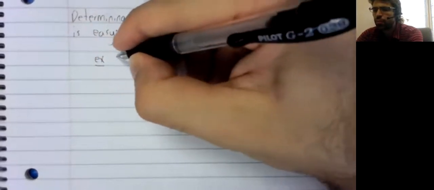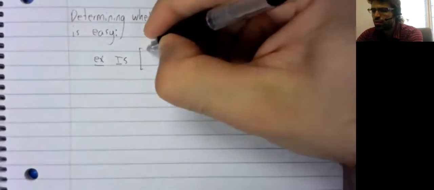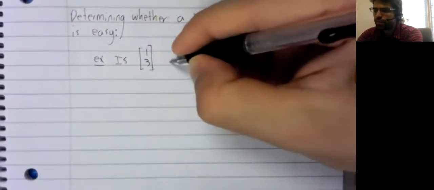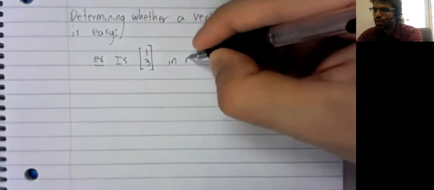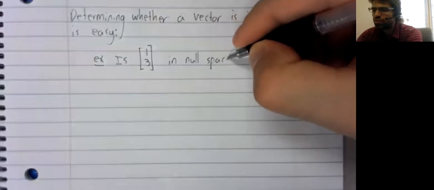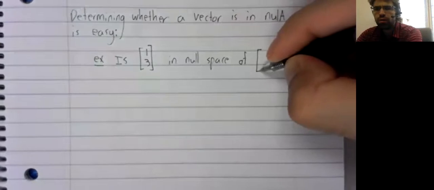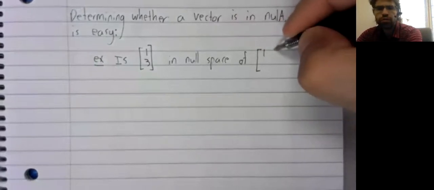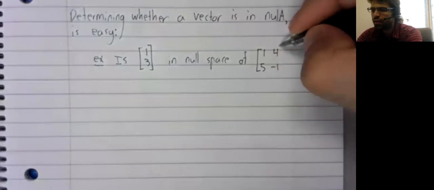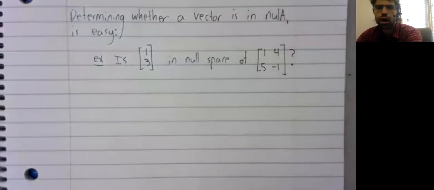For example, is (1, 3) in the null space of the matrix with rows 1, 4 and 5, -1?